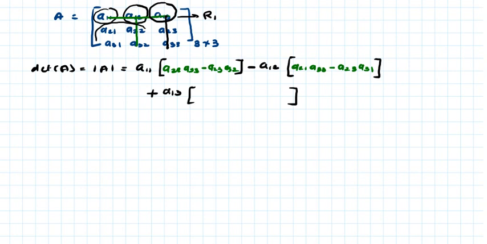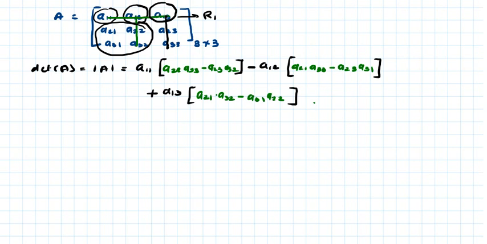This submatrix remains. So we will write it as A21 A32 minus A31 A22. This is how we find the determinant of any 3 by 3 matrix. That is called the determinant of the matrix A.